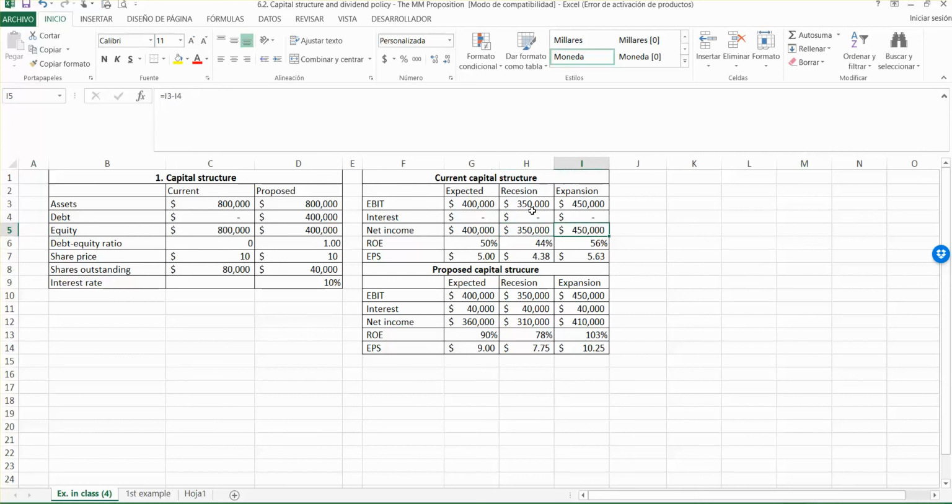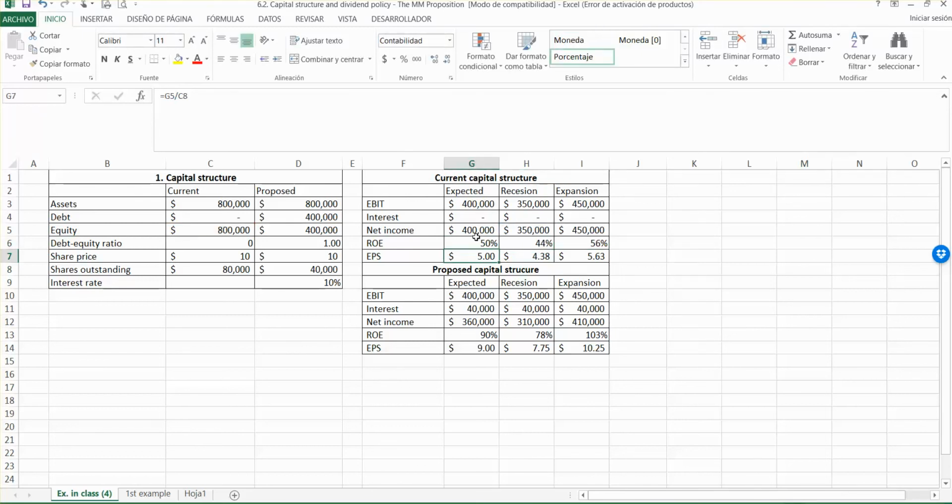But what changes is if we have a recession, we have income lower than the expected and even lower than the expansion if we grow. So for the expected we have 50%, for the recession we have 44%, and for the expansion we have 56%.